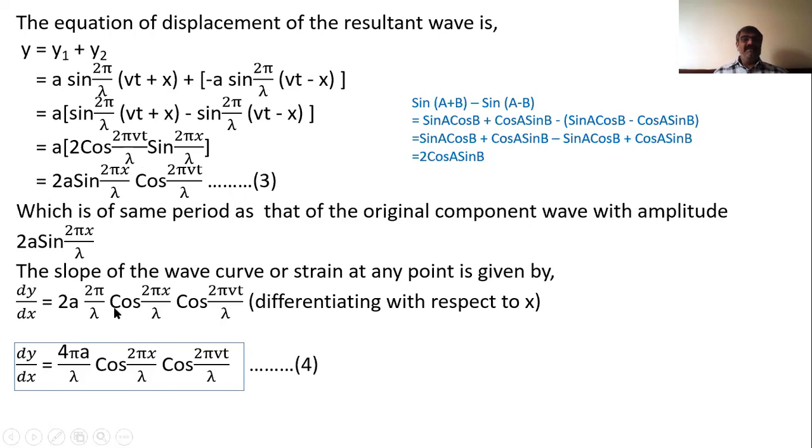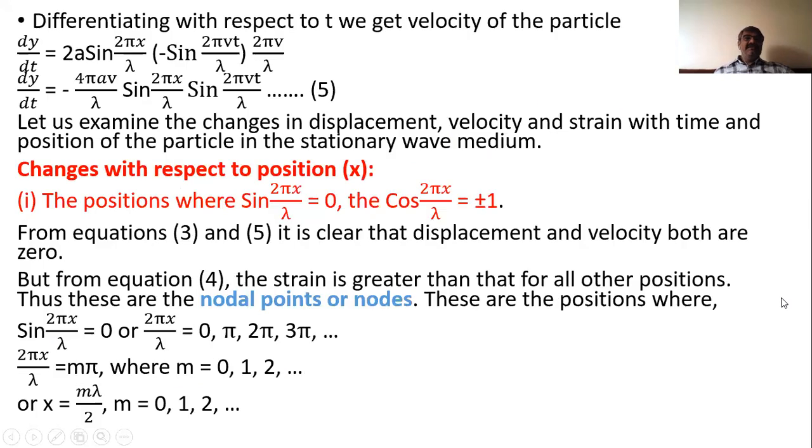Since x is with sine, sine 2 pi x by lambda becomes cos 2 pi x by lambda, and the constant 2 pi by lambda comes out. So it will simply be 4 pi a by lambda cos 2 pi x by lambda cos 2 pi vt by lambda, equation 4. It represents the compression. The important thing is that here it is the cosine function, and that will result in something interesting.